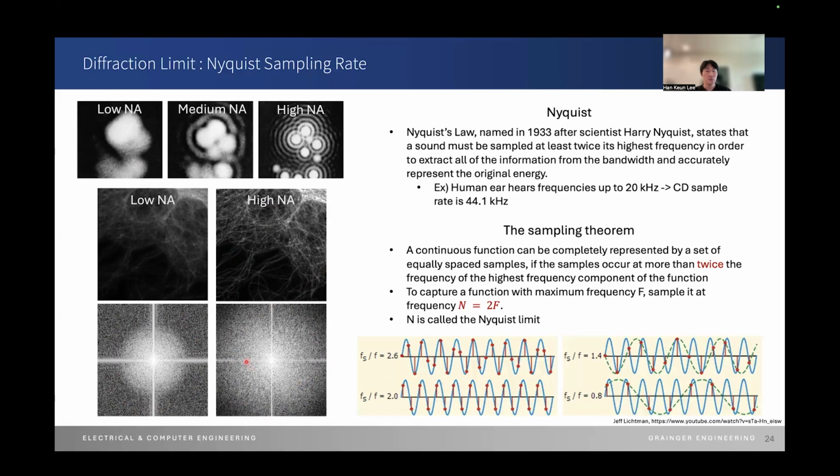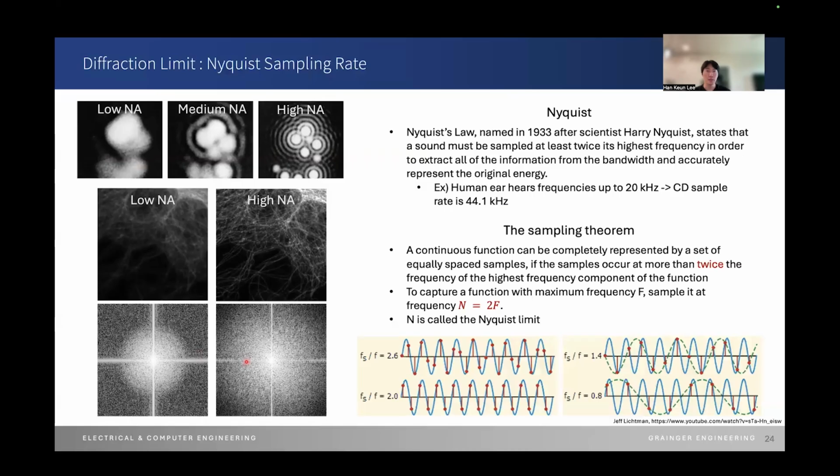The Rayleigh criterion, or the diffraction limit resolution, is not the only thing that determines the resolution when it comes down to imaging, where a camera is involved to image what we're seeing. And in order to understand that limit, we first need to understand the Nyquist limit.